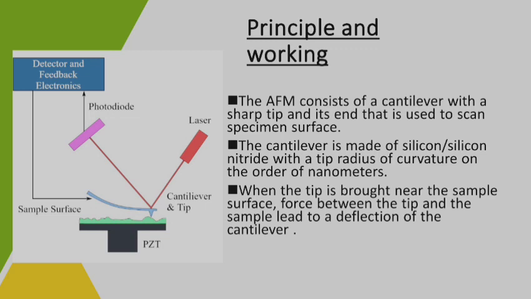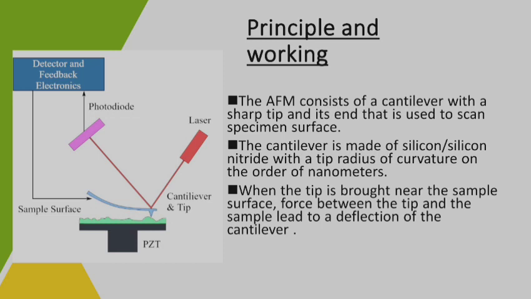When the tip is brought near the sample surface, the force between the cantilever tip and the sample leads to deflection of the cantilever, and this deflection is detected by the laser beam and recorded on the system.